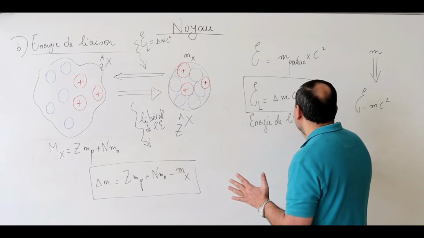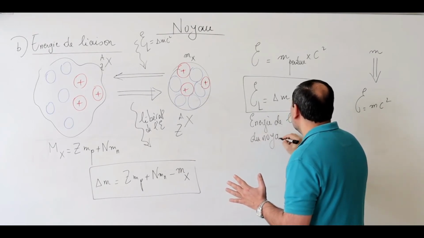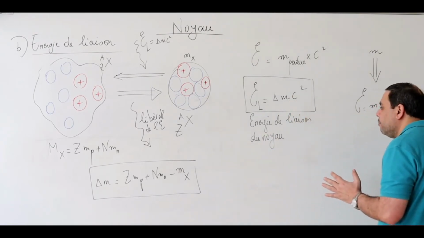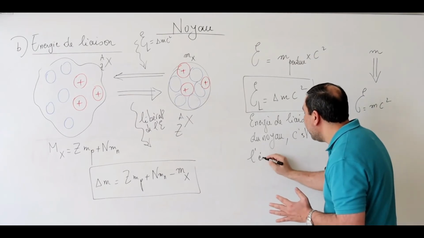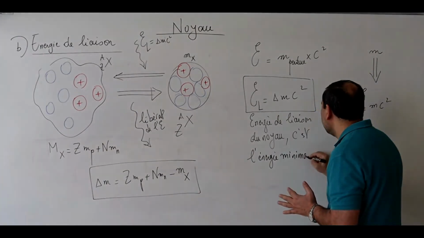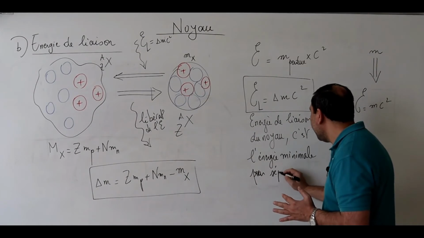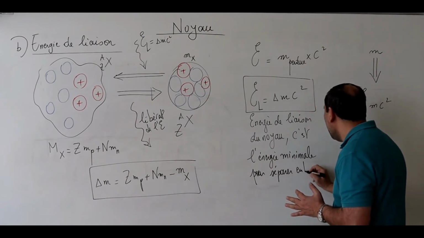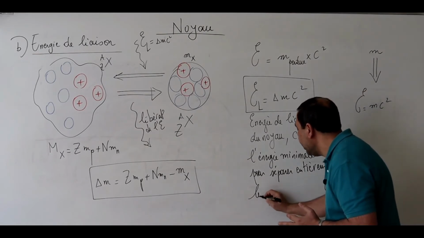Binding energy of a nucleus. By definition, it is the minimum energy that is necessary for entirely separating the nucleus into its constituent nucleons.